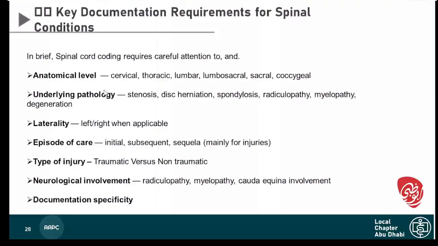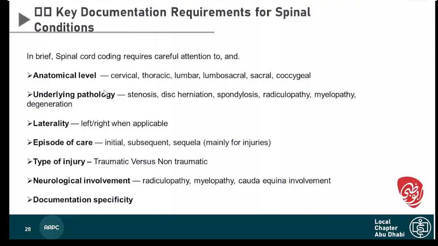Then type of injury, traumatic versus non-traumatic. For example, a patient with osteoporosis may develop a vertebral fracture, which is actually a pathological fracture due to osteoporosis. That is non-traumatic. But if a patient had an accident or trauma and developed a vertebral fracture, that is traumatic.